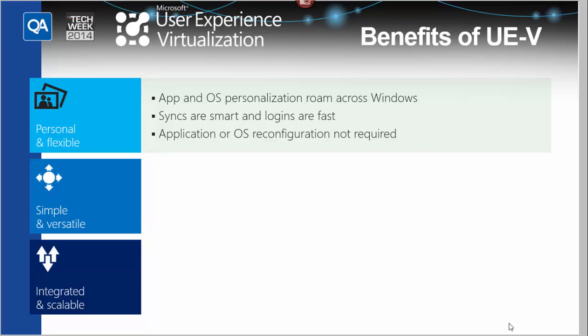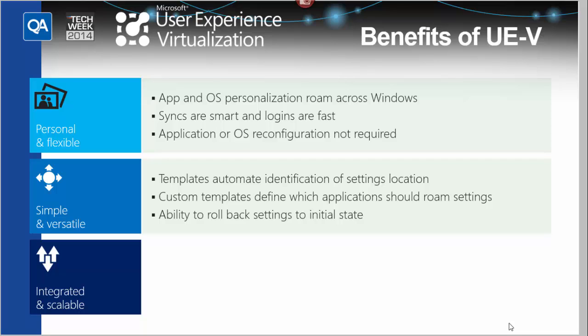There's no specific OS reconfiguration required for this, and we also allow users a degree of personalization about which settings they want to roam between different versions of our Windows operating system, whether it being deployed natively to a desktop or through a session host server using RDS or through a VDI server using virtual desktop infrastructure where we connect through to a full Windows desktop operating system.